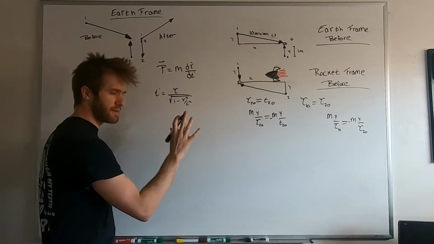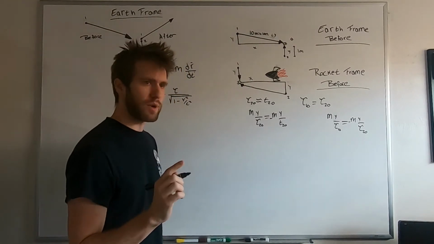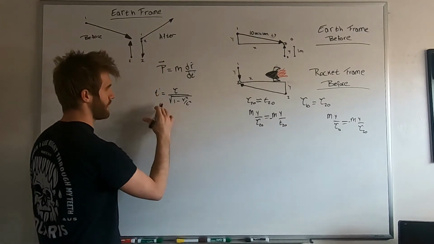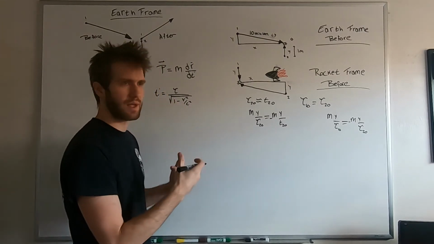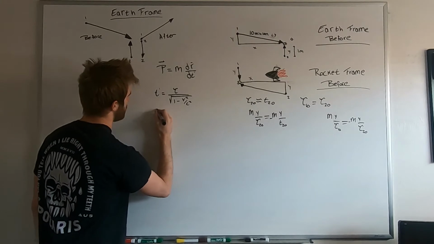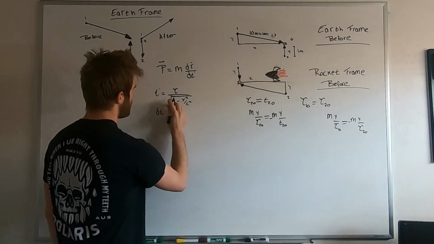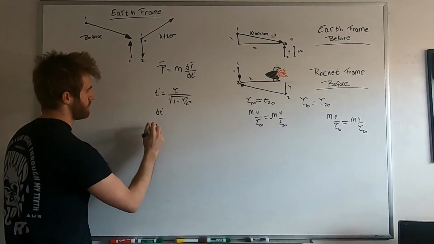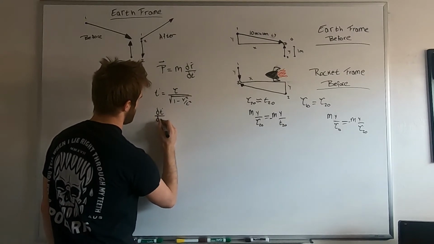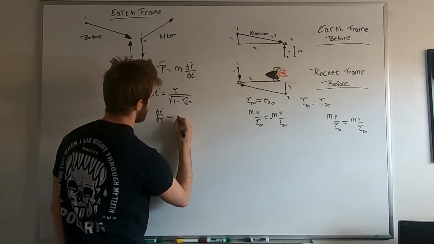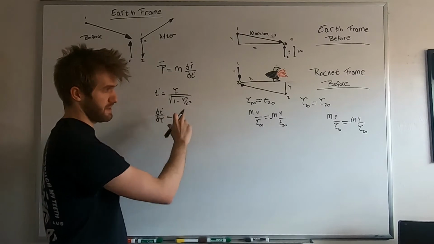Since we're considering the proper time, let's rearrange this and see how we can update the equation. We're going to have dt prime over d tau is equal to 1 over this, that's gamma.